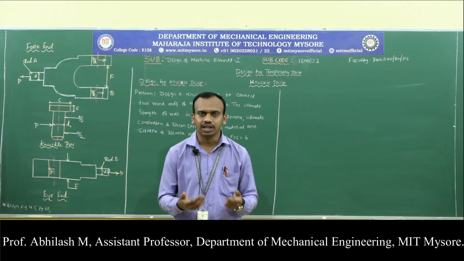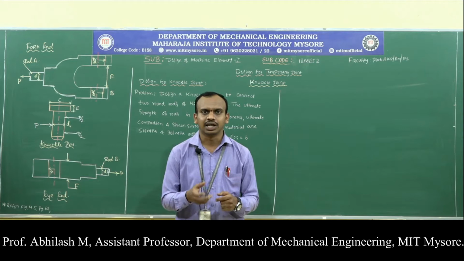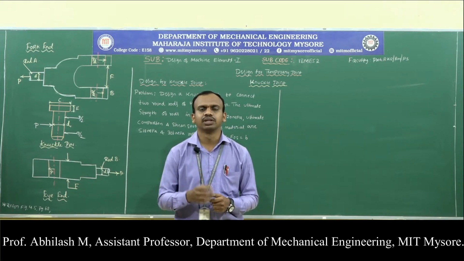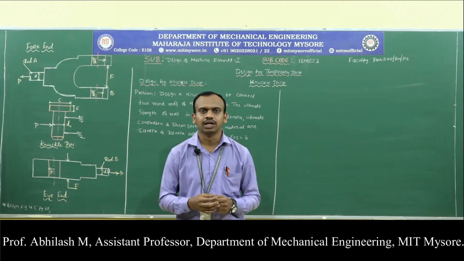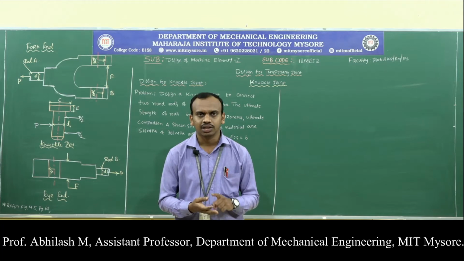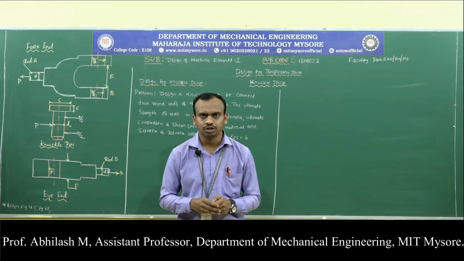In temporary fastening, we can. Typical examples are the nut and bolt, the stud and nut, keys, screws, and the cotter. All these come under the category of temporary joints.